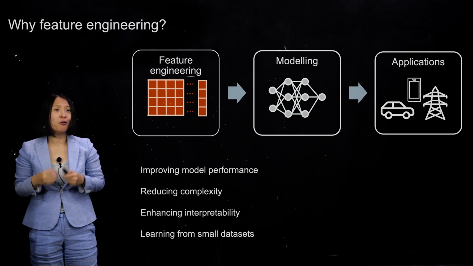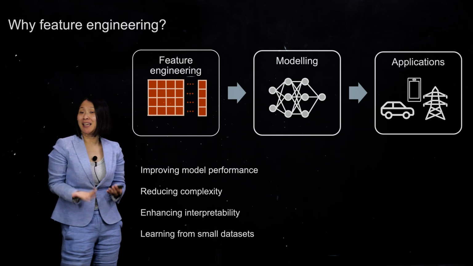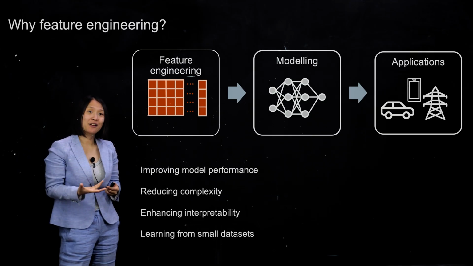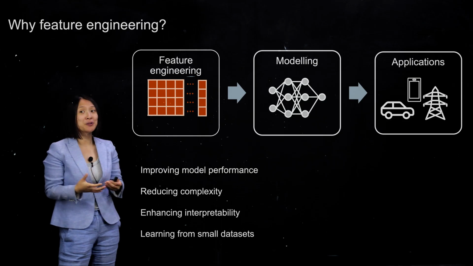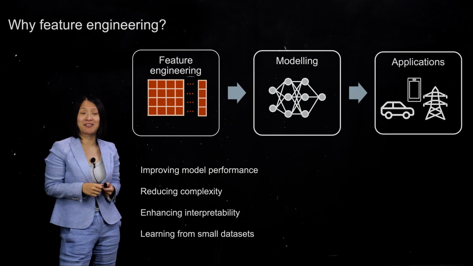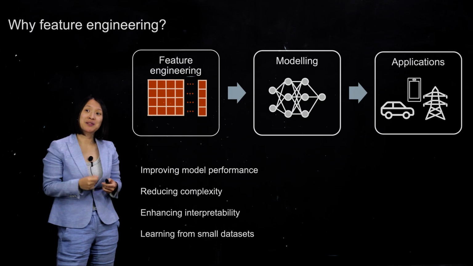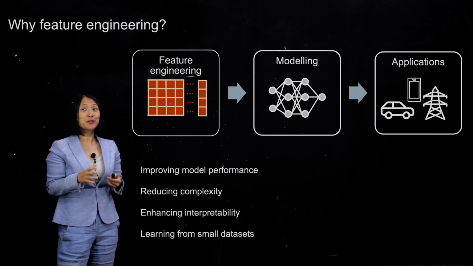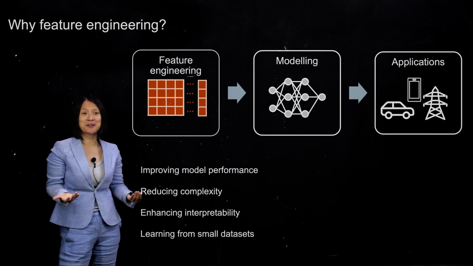We do it for multiple reasons. One of the key advantages is that this is a chance for us to select the features that are most informative and relevant, which improves the accuracy of our predictive model. As we reduce the number of features as input, we also reduce the complexity of the modeling process.